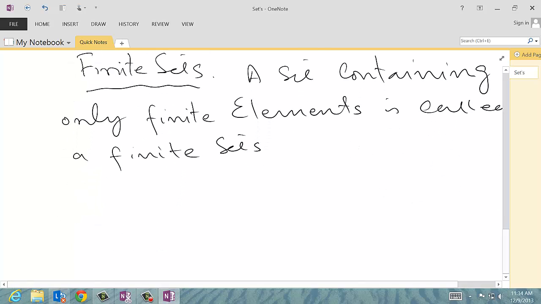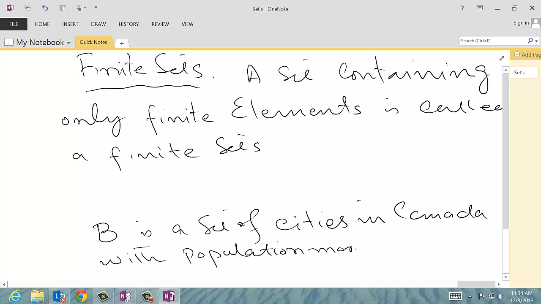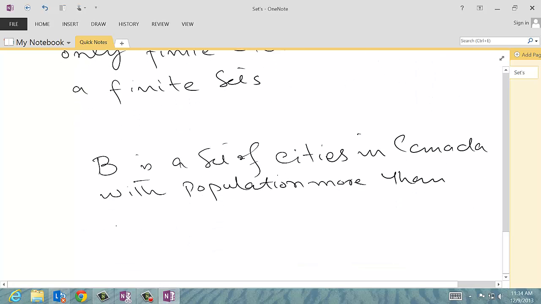Just out of curiosity, if we say that B is a set of cities in Canada with population more than 1 million.